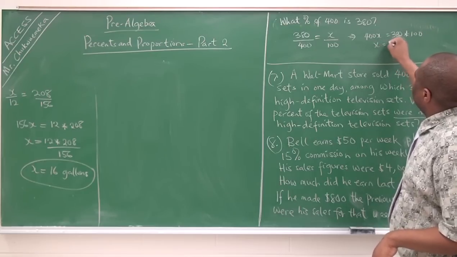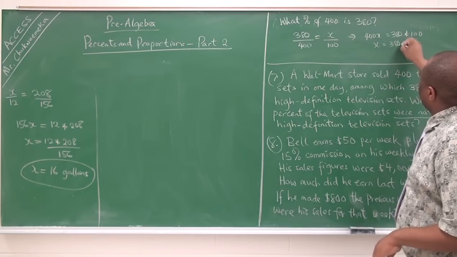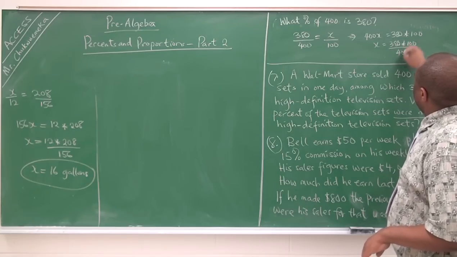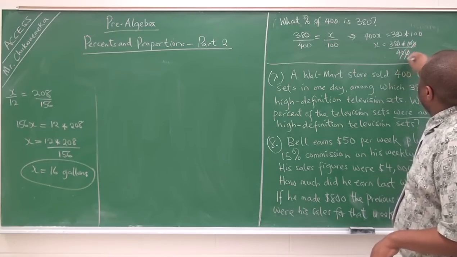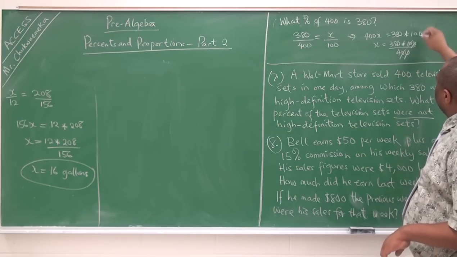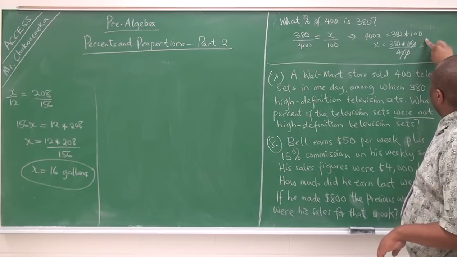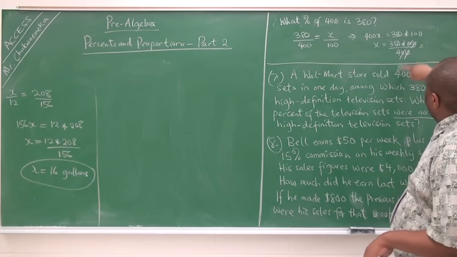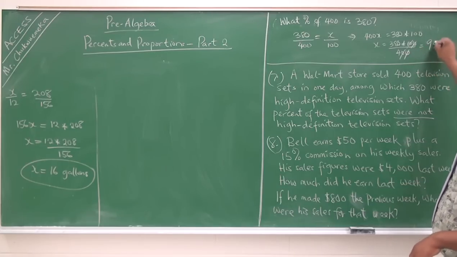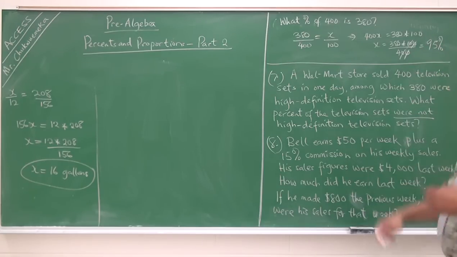So our x is 380 times 100 all over 400. And that will give us 4 times 9 is 36, 9, 36, 20 is 5. So 95% were high definition television sets.